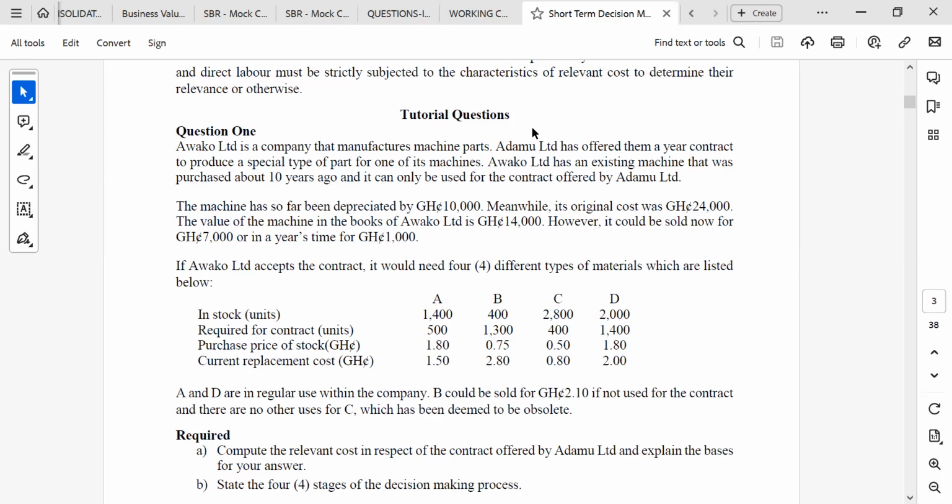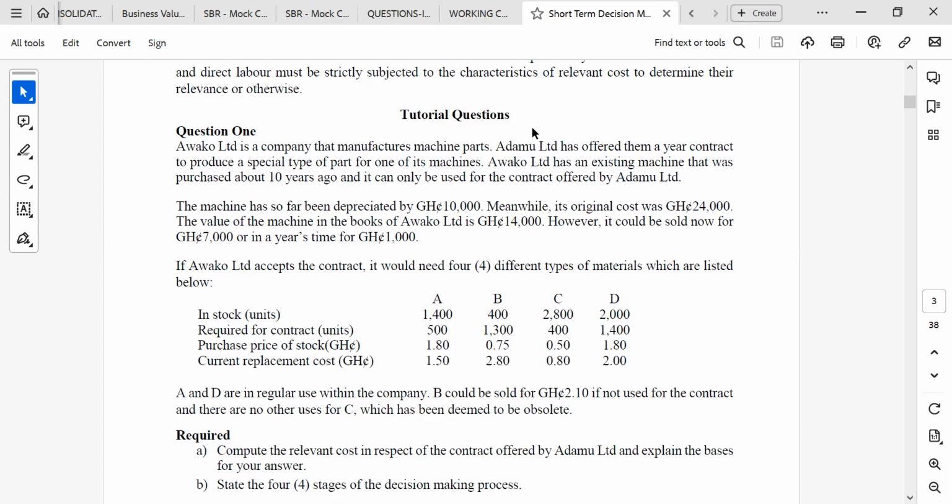If Awaku Limited accepts the contract, it would need 4 different types of materials, which are listed below. A and D are in regular use within the company.